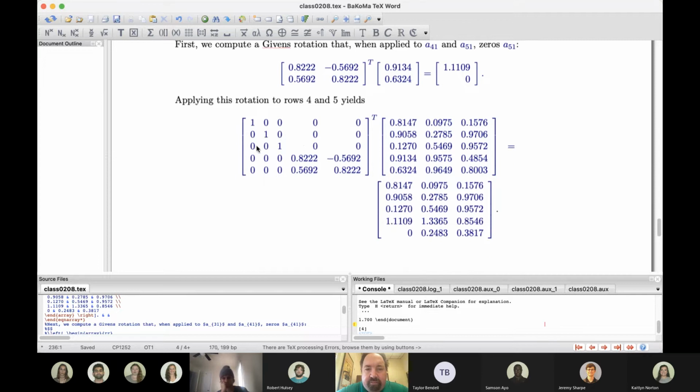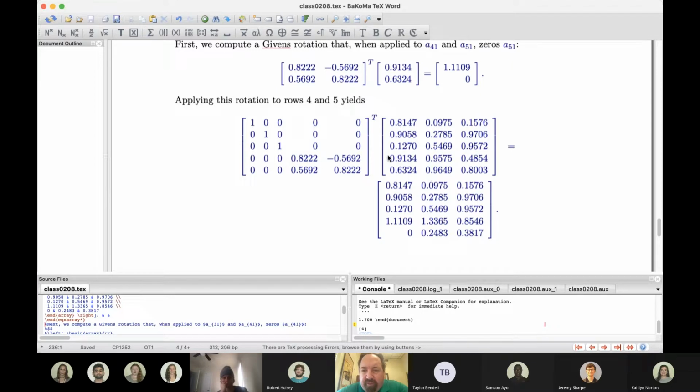So here is my full Givens rotation. You see it's identity, except for in rows 4 and 5, where I have my rotation, and it's applied to this original matrix A. Because of these 3 rows corresponding to identity, the first 3 rows will not be touched. You'll see they don't change at all.